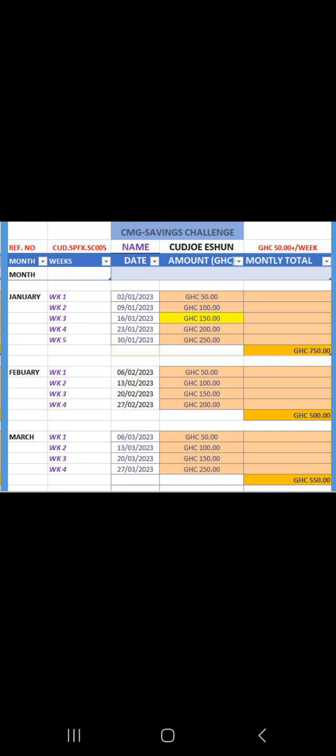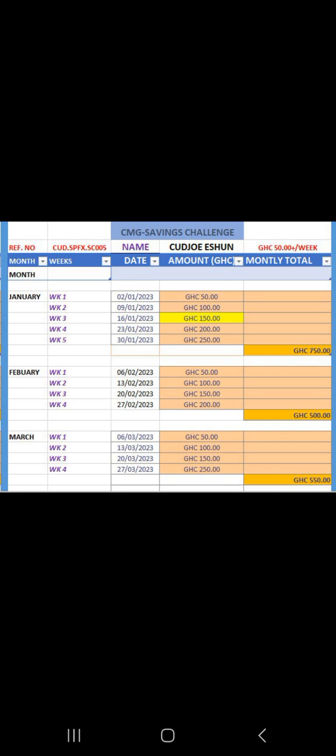In that whole month, the sum is 750, which is a lot of money. But if you wait, keep this money and transfer it to your bank, or even go to the bank, which many a time doesn't happen. When you do this, you realize that at the end of the year, you have huge sums of money, which is very flexible and very affordable.